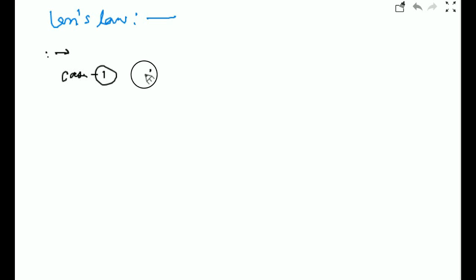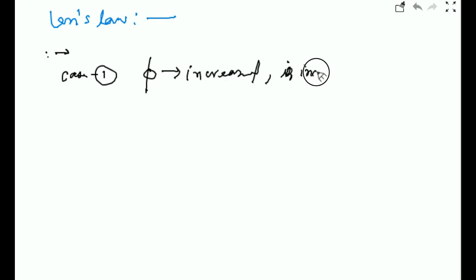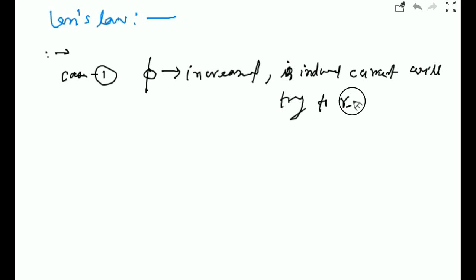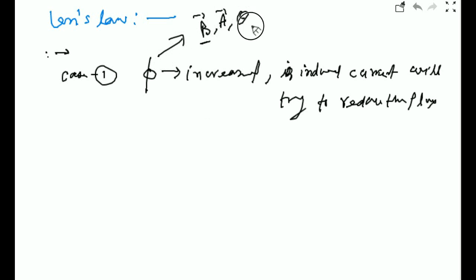The first case: suppose the flux is increased, then the induced current will try to weaken or reduce the flux. So how to reduce the flux? As we have discussed, flux can change through the magnetic field, area and theta.